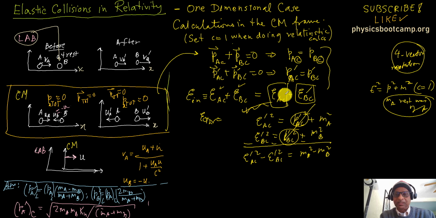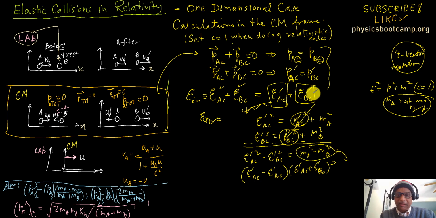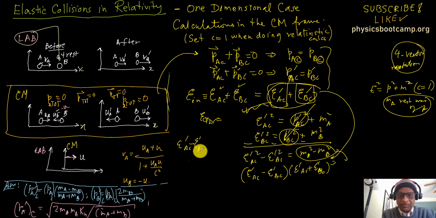So this is like a squared minus b squared. I can use it here to get E prime AC minus E prime BC times E prime AC plus E prime BC equals this right-hand side. And now if I use E in here, I get E prime AC minus E prime BC equals MA square minus MB square over E in.